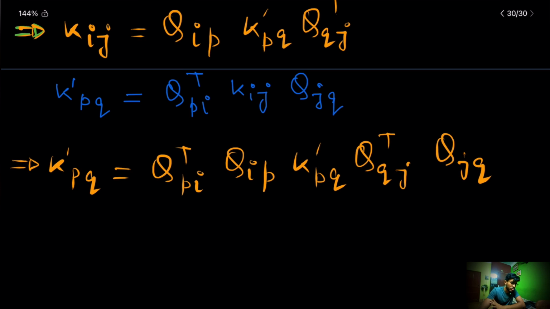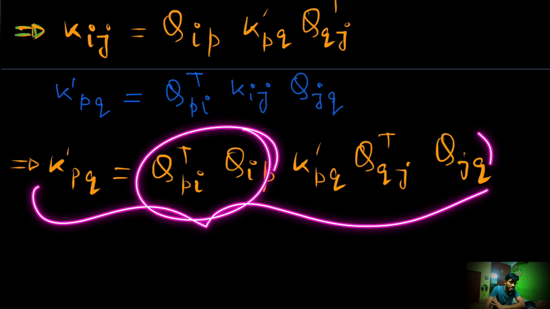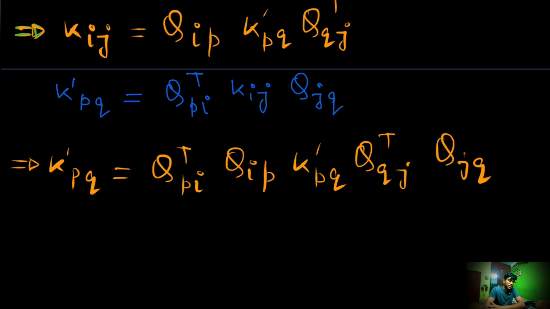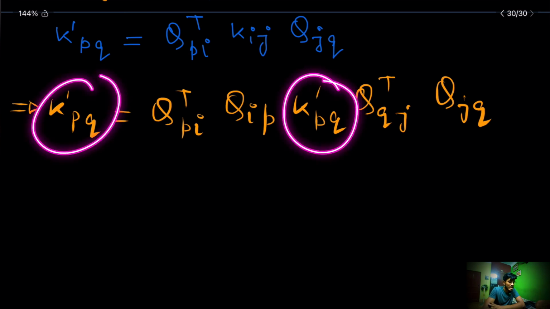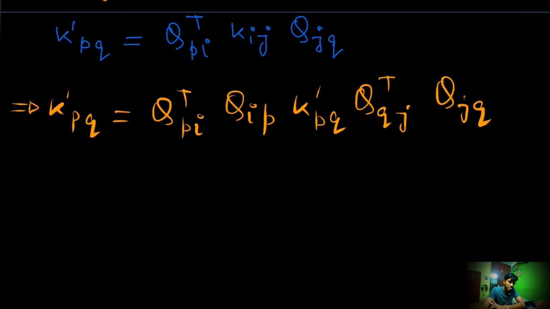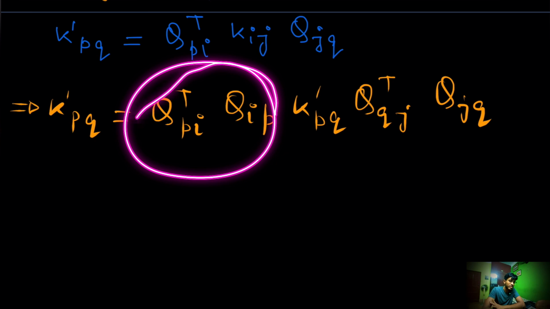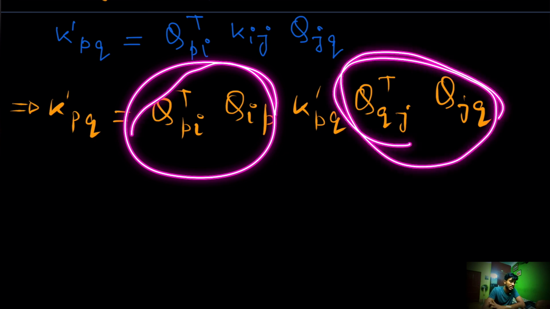Now you see that if this equation has to hold, then this and this must be identity matrices, because this and this are the same matrices. So if this equation has to hold, this has to be an identity matrix and this also has to be an identity matrix.